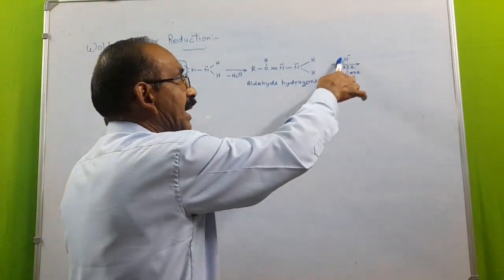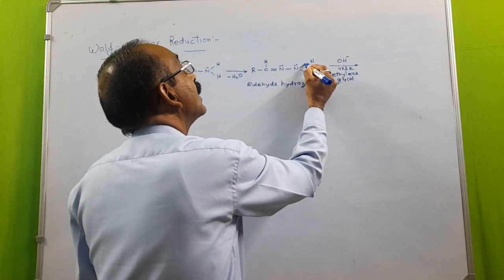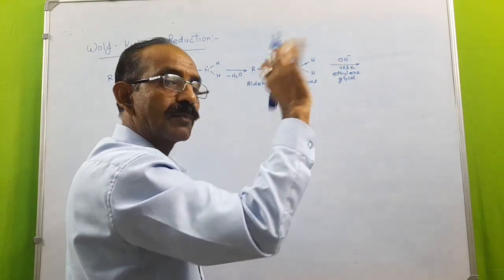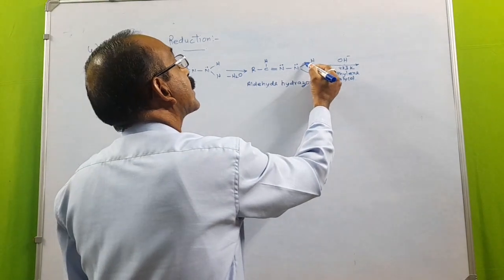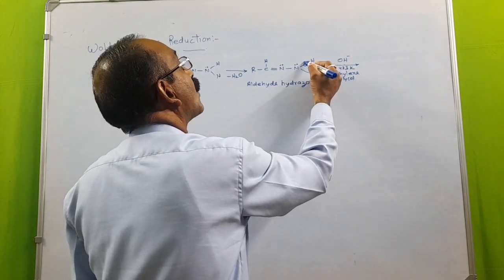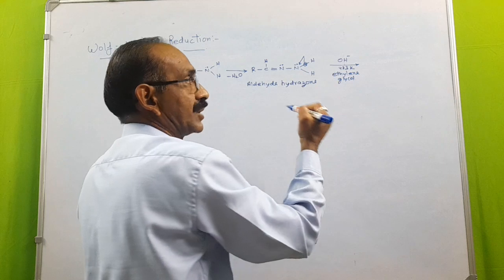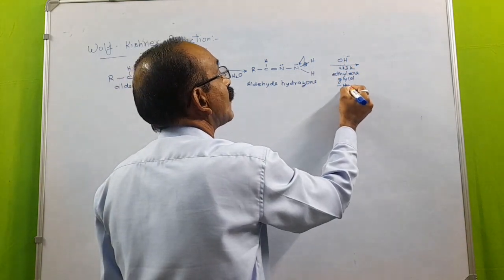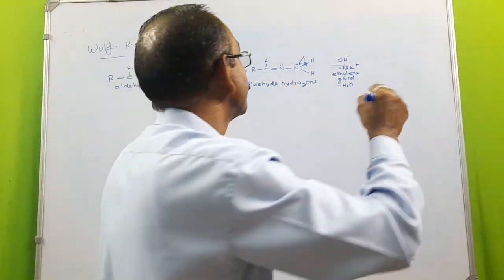So this OH minus will abstract this hydrogen as a proton, meaning the two electrons of this NH bond shift over the nitrogen, and the H plus will come out with the OH minus in the form of water.